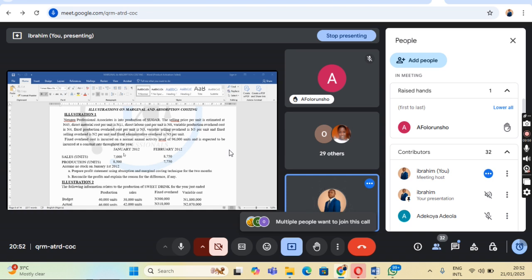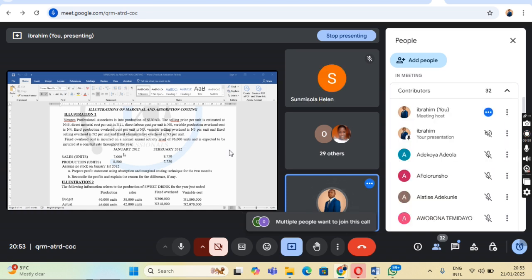Per unit means per one. Fixed cost is incurred on a normal annual activity level of 96,000 units, which is unavoidable cost, and is expected to be incurred at a constant rate throughout the year.